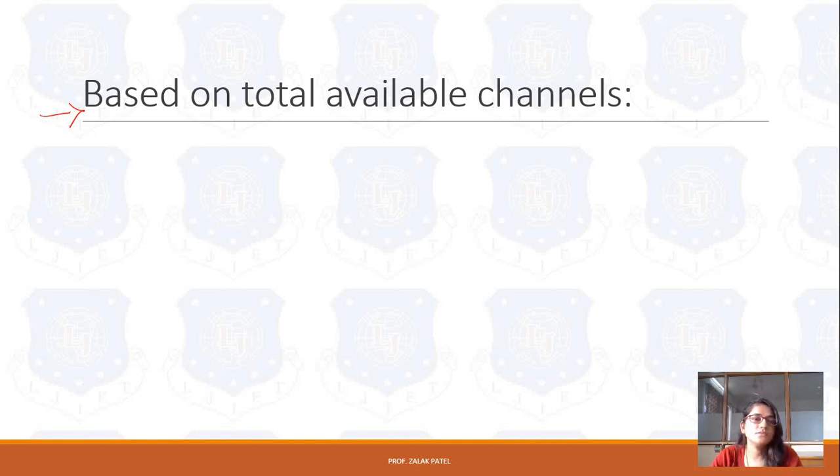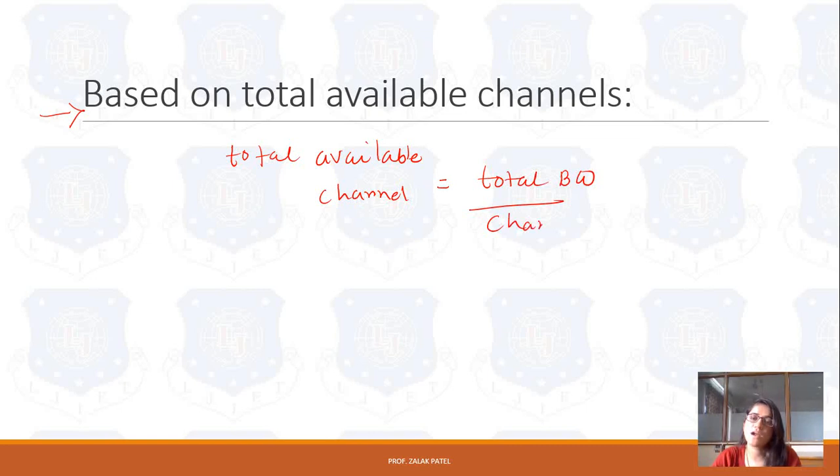First, total available channels is equal to the total bandwidth allotted upon the channel bandwidth. Total bandwidth means total spectrum given in the question, divided by the channel bandwidth.